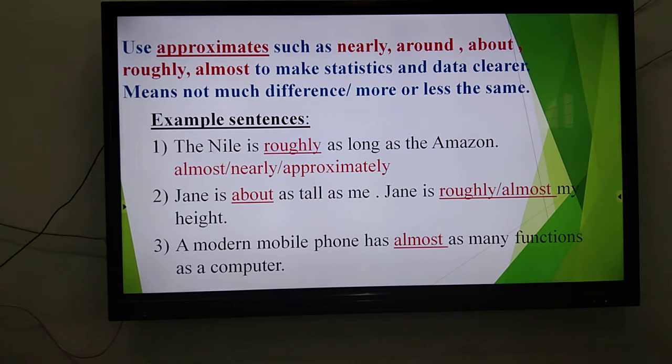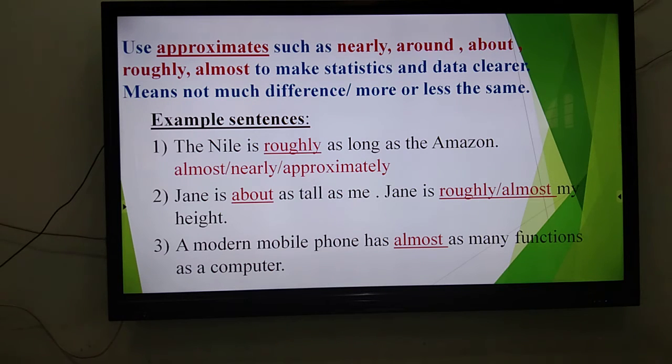Sentence number 2. Jane is about as tall as me. So she might be a centimeter less or a centimeter more, just a little here and there. So you may also write, Jane is almost my height, or she is roughly as tall as me. Number 3.